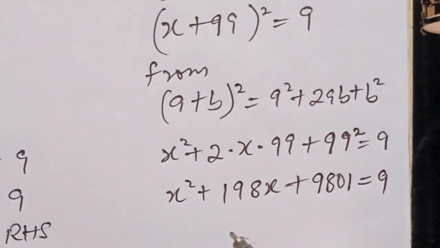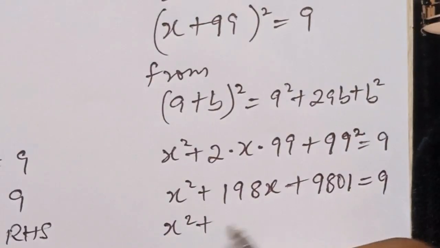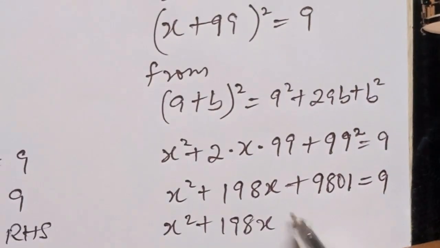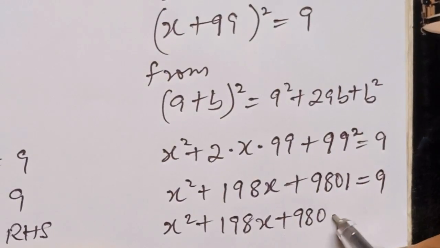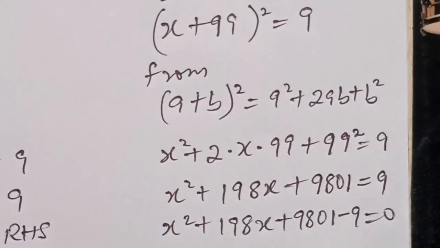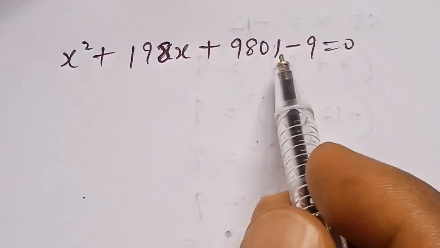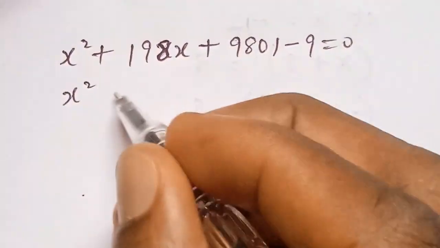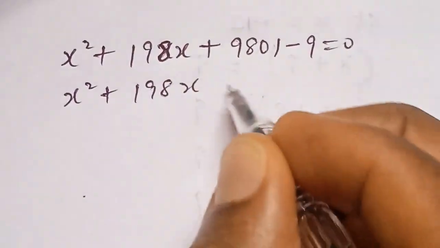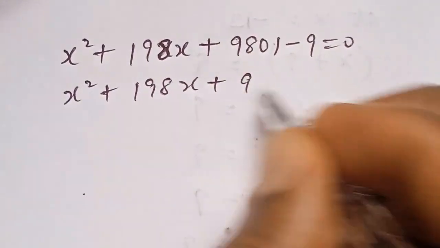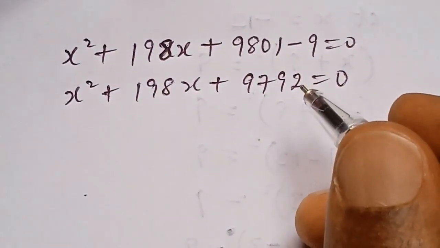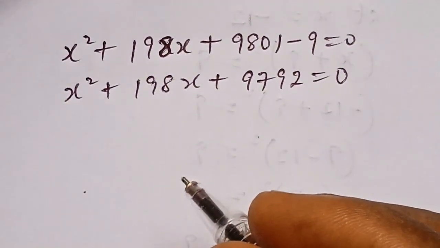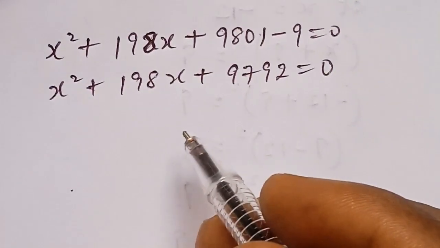We bring this 9 to the left hand side, so we have x squared plus 198x plus 9801 minus 9 equal to 0. If we simplify this, we arrive at x squared plus 198x plus 9792 equal to 0.